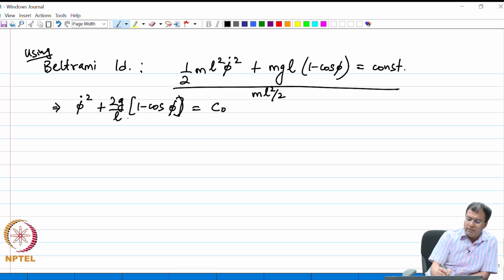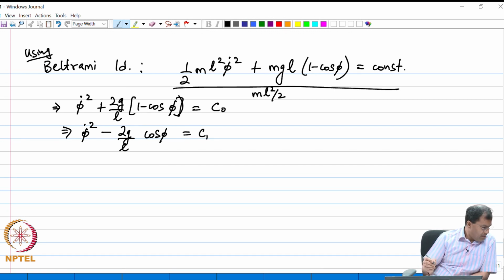But again, 2g by L is another constant, so that can also be absorbed on the right hand side. So, we get that phi dot square minus 2g by L cos phi is equal to another constant C1, right.